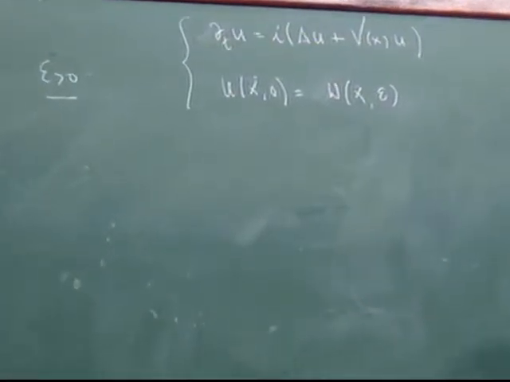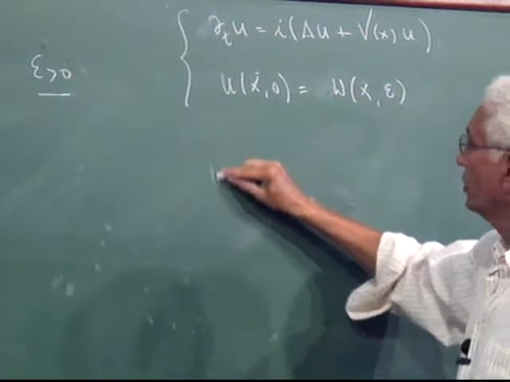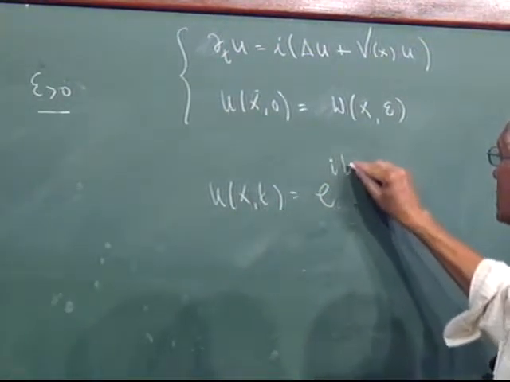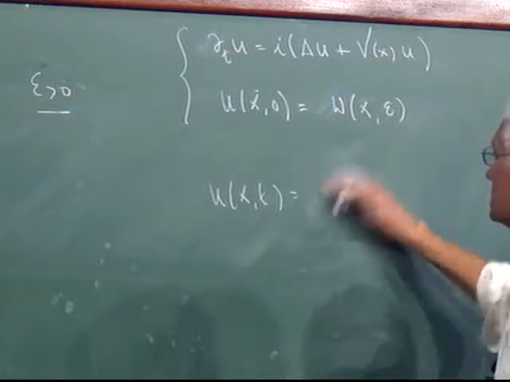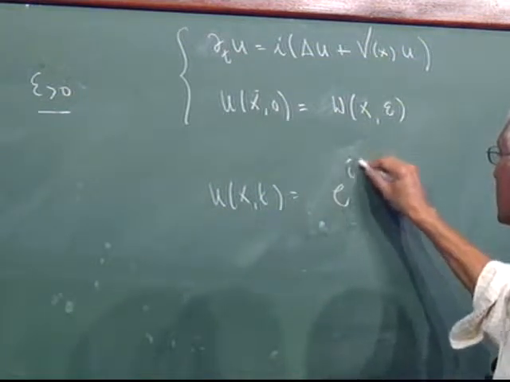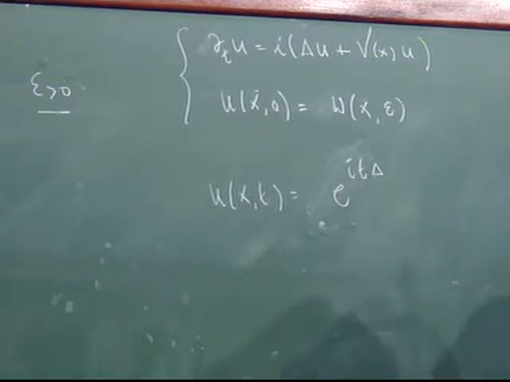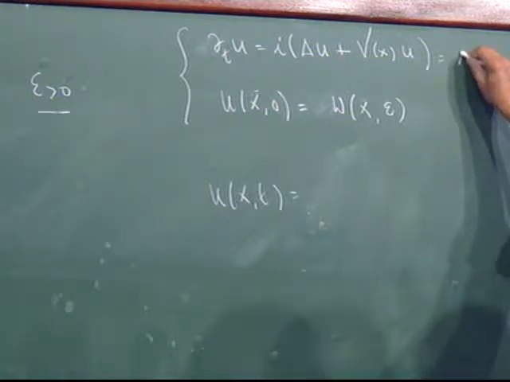Then what is exactly this? Then u of x,t is e to the i Laplacian plus b of x t. Write this in this way.